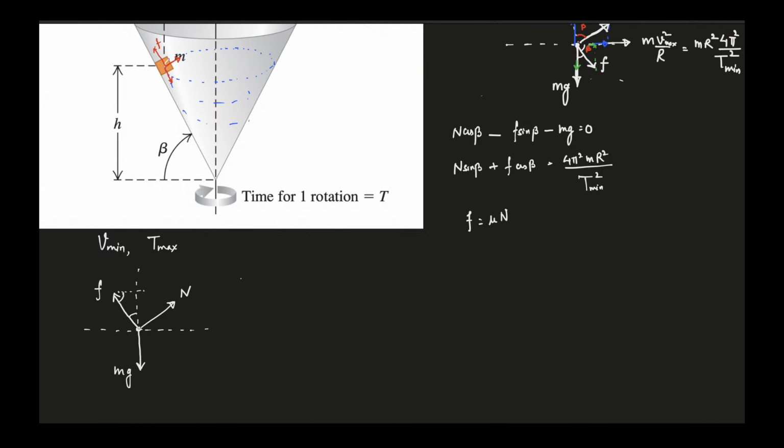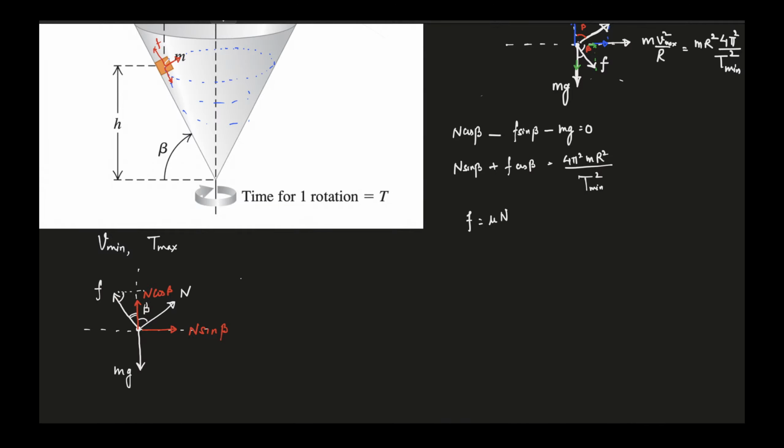This will be 90 minus beta. Therefore this angle is again beta. Then you can take components of N. Component of N in the upward direction is N cos beta. Component of N in this direction is N sin beta. So you get N cos beta, you get N sin beta.